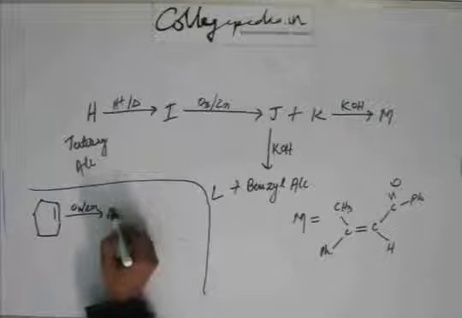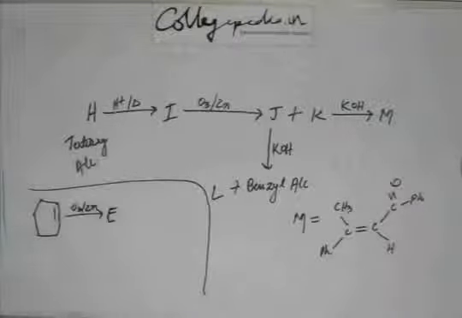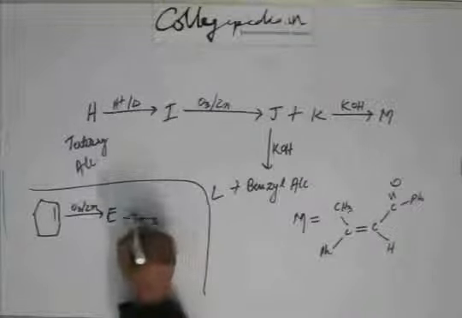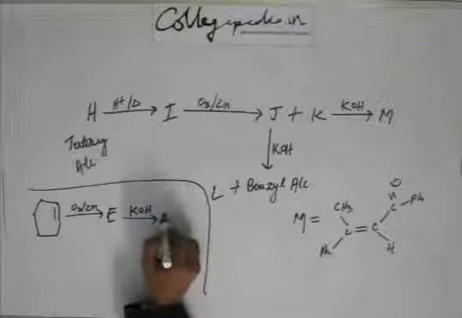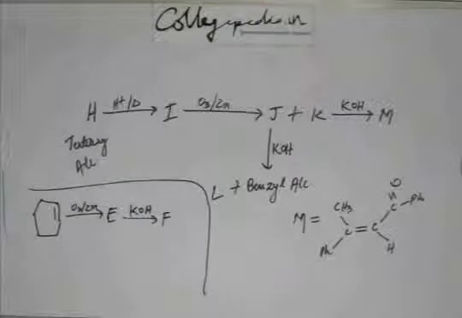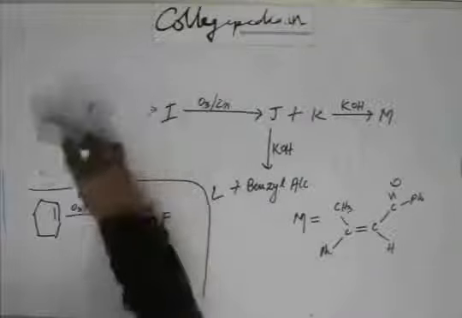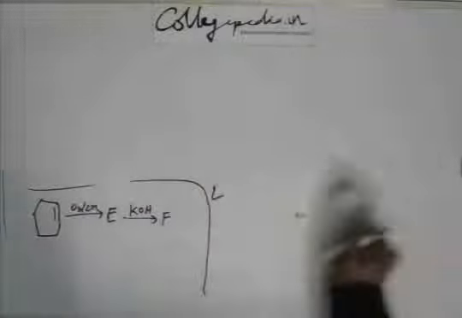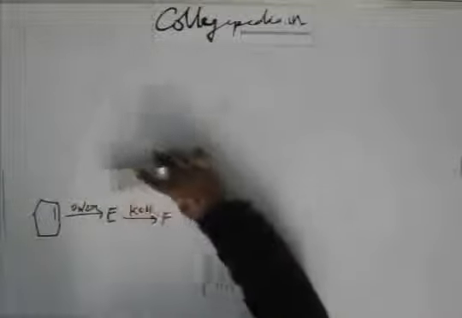You get a compound E. And then compound E on further treatment with aqueous KOH yields compound F. You are adding KOH on E and you are getting F. They are asking you to identify compound F. This was in JEE paper 2007. They have options, and I'll write down those options for you. Now I have to rub this off. And then you try to identify the correct option among them.